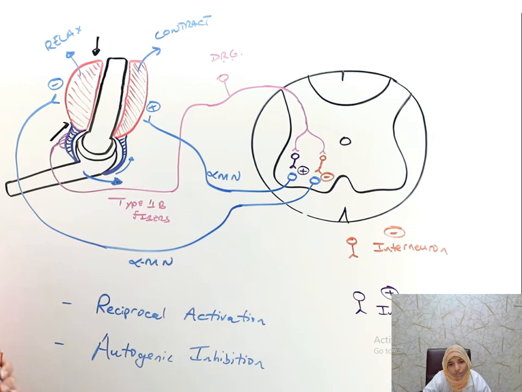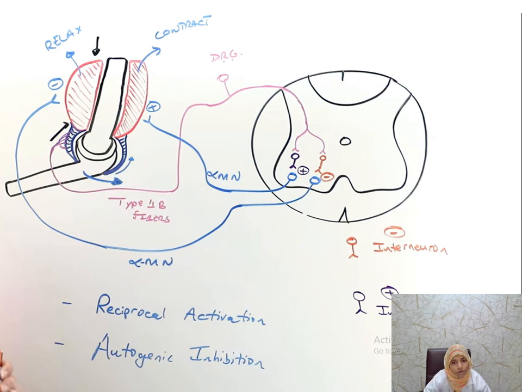So which type of interneuron do you want to synapse with the motor neuron? Obviously the one which has inhibitory neurotransmitter. So this interneuron will synapse on the alpha motor neuron, and it is going to inhibit or relax the agonist muscle. Now, if you want the agonist muscle to relax, the antagonist muscle should contract, obviously.